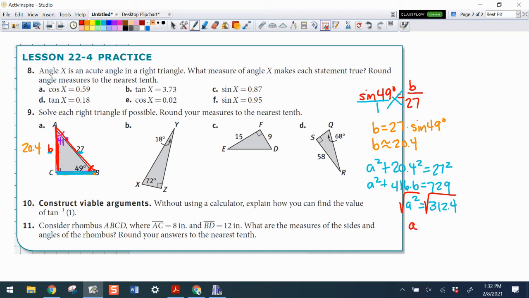And a is approximately, my calculator says, 17.67, so the 7 tells the 6 to round up to a 7. So we have now found all missing or unknown measures of this right triangle. Therefore, we have just solved the right triangle.